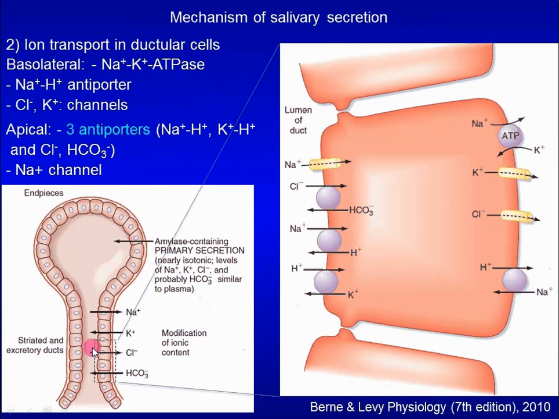In ductular cells, the situation changes. The presence of three parallel antiporters, as shown here, results in absorption of sodium and chloride from the lumen and secretion of potassium and bicarbonate into the lumen.